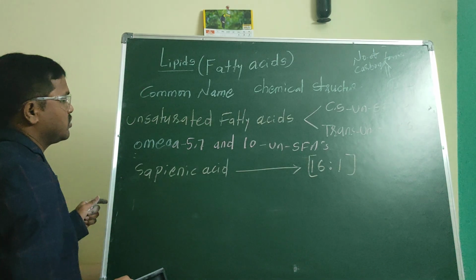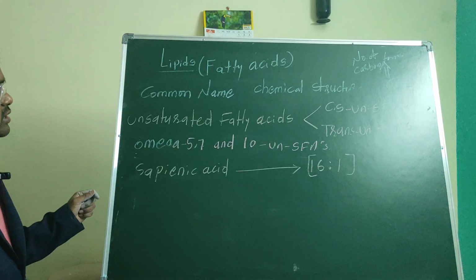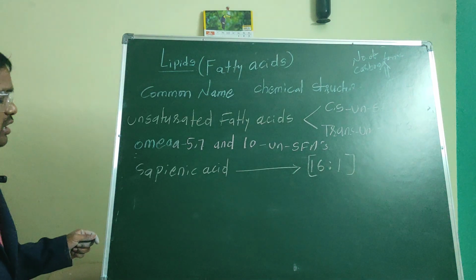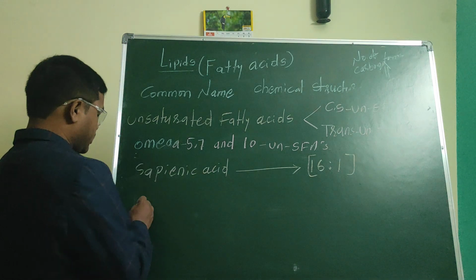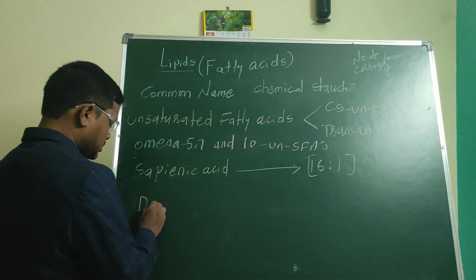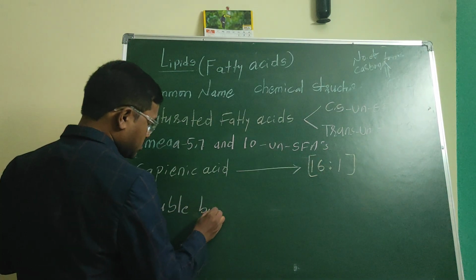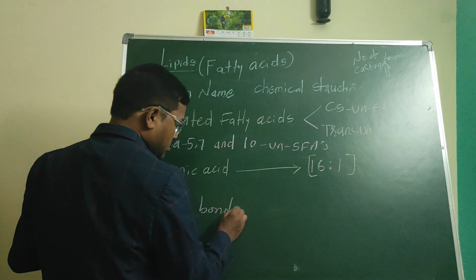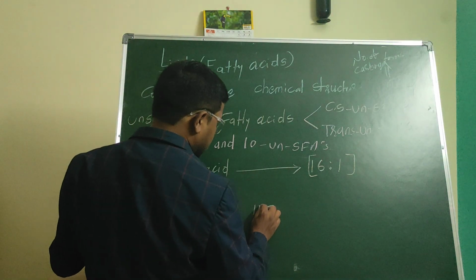These are some important unsaturated fatty acids. These unsaturated fatty acids usually have double bonds in the aliphatic chain.